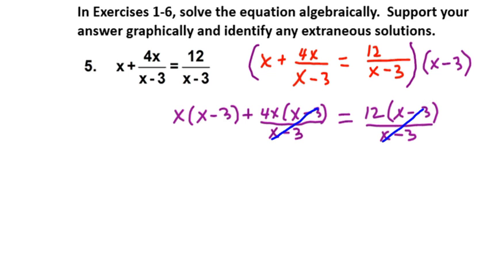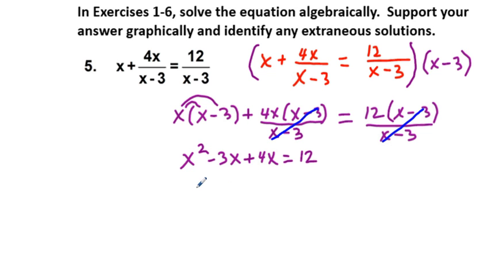And we have left x times x minus 3. So we're going to have on the left, x squared minus 3x plus 4x equals 12.